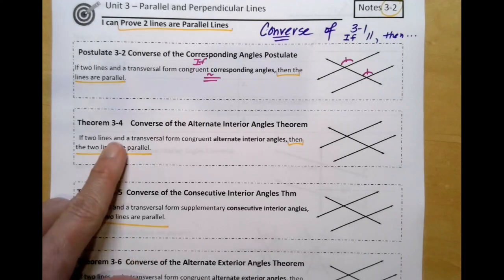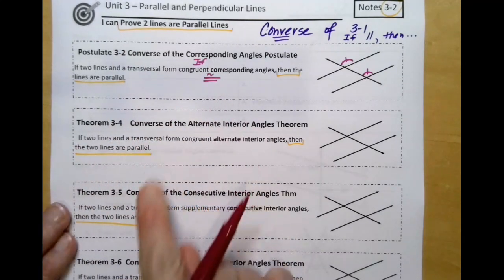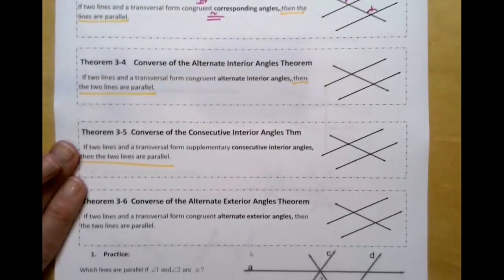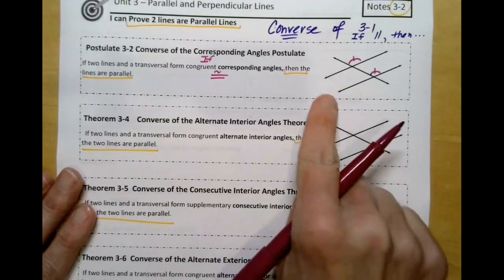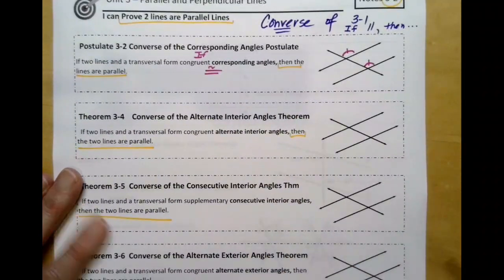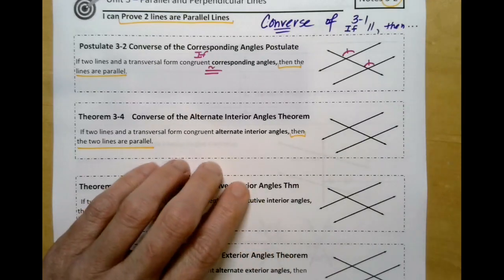Okay? So now we have our second postulate, but our fourth, fifth, and sixth theorem. The postulate's what he gave us. The theorems are what we can end up proving, and we will.